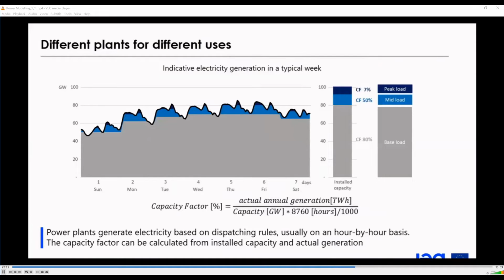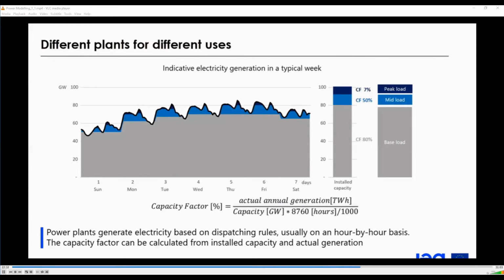Really, as you can see on the graph on the left, they're used for peaky demand, and so they have generally much lower capacity factor, generally below 10%. Here in this example, we have 7%.